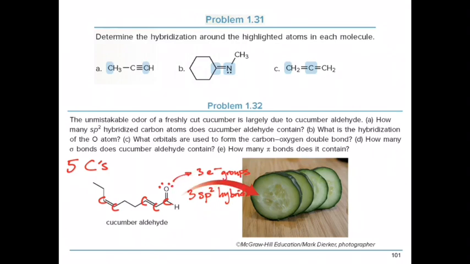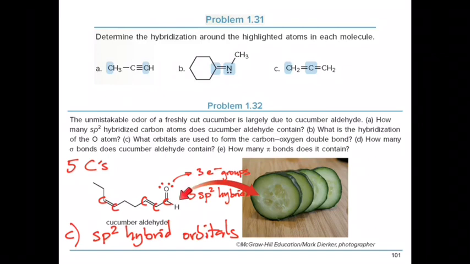So that would be the answer for C, sp2 hybrid orbitals. And since this is a double bond, that must mean that the unhybridized orbitals are also involved. So that would be one of the 2p unhybridized orbitals.